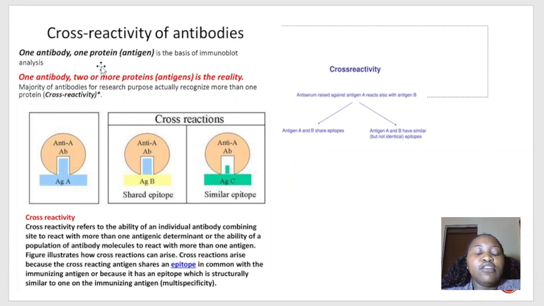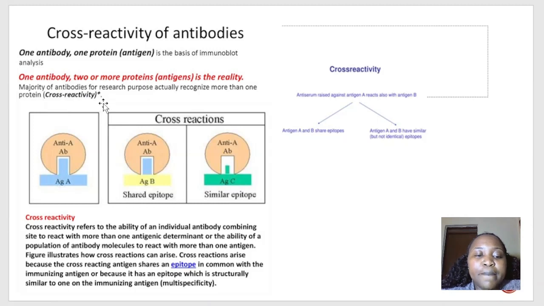So ideally, what we normally have in our mind is that one antibody should only bind to one protein or antigen. And that's why we do a lot of immunoblotting, Western blotting, etc. But in reality, we have a challenge of what we call cross-reactivity of antibodies, where sometimes one antibody will bind to two or more antigens. This can be a result of certain things.